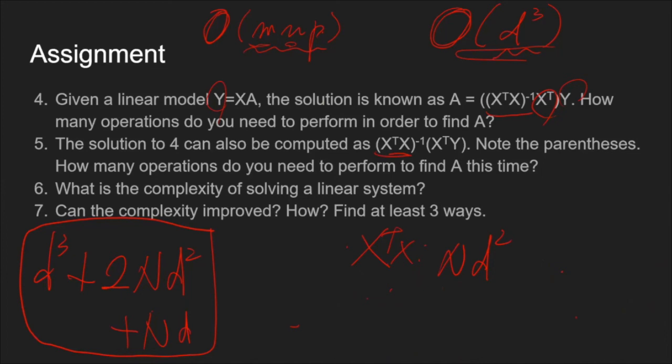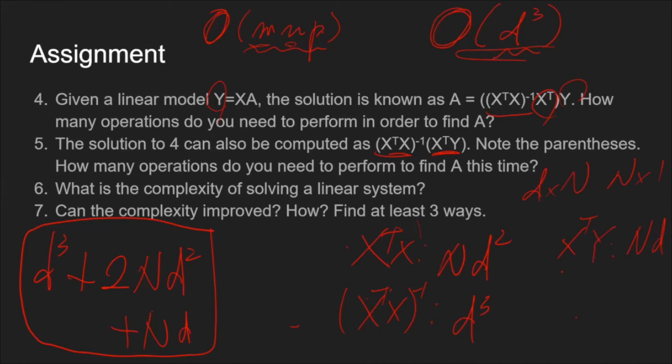And then the inverse of that, (x transpose x) inverse, was d cubed, right? But then x transpose y, okay, x transpose is a d by n matrix, and y is an n by 1 matrix. So x transpose y takes nd.